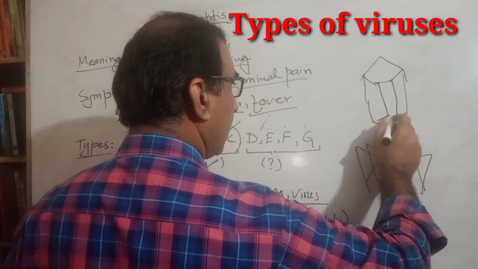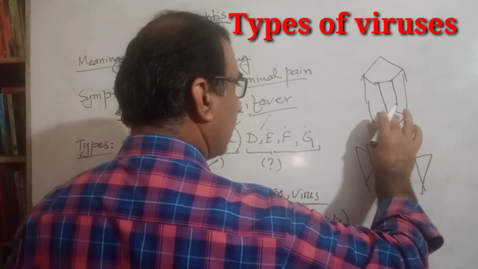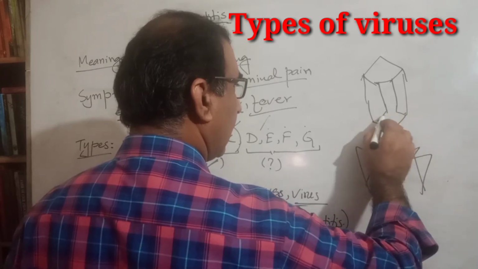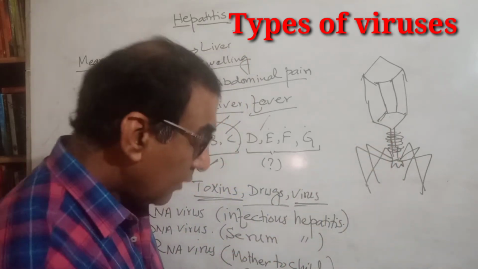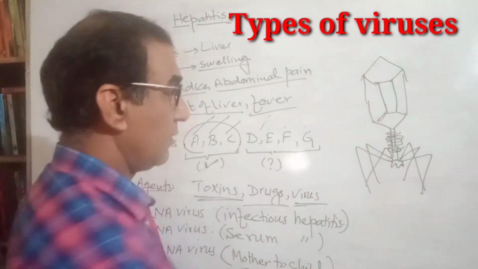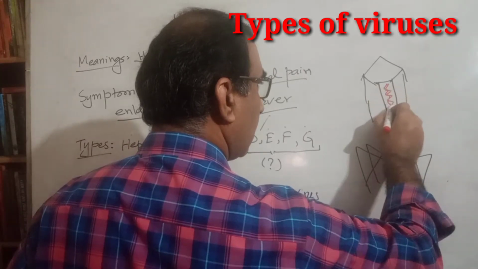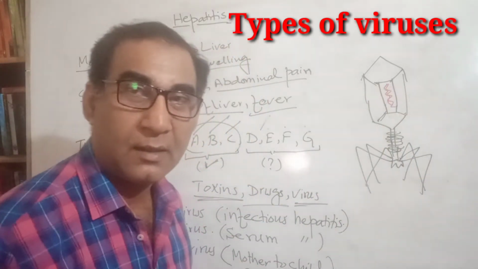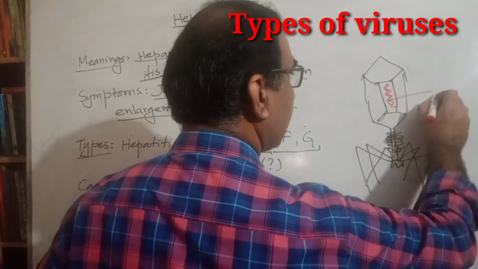If you remember, here is DNA. So this is known as what? The genetic material.